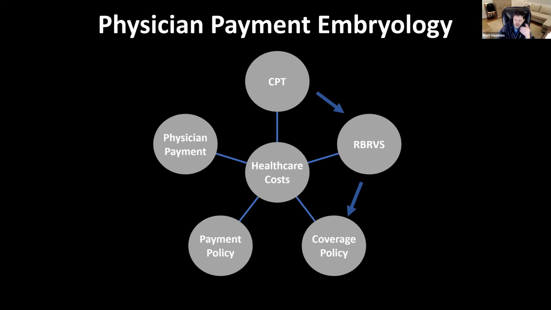And so CMS has said, here's a code. This is what we're willing to pay for it. This is the amount that we're going to pay for physician work, and this is the amount that we're willing to pay for the practice expense in the office-based setting. That value for the physician work and the practice expense in the office-based setting is published in what's called the Medicare Physician Fee Schedule Final Rule.